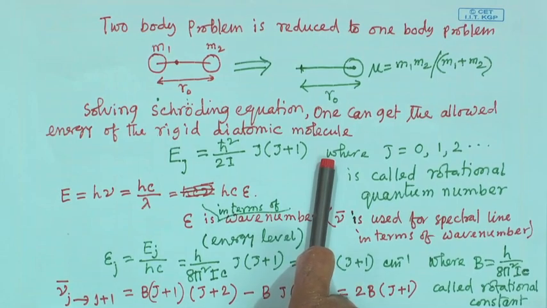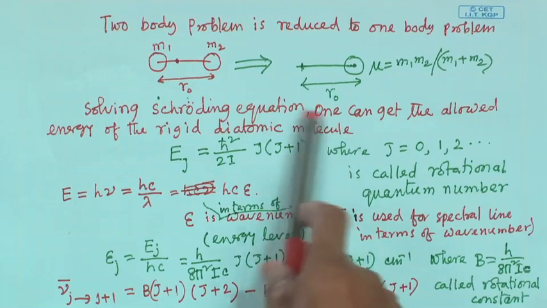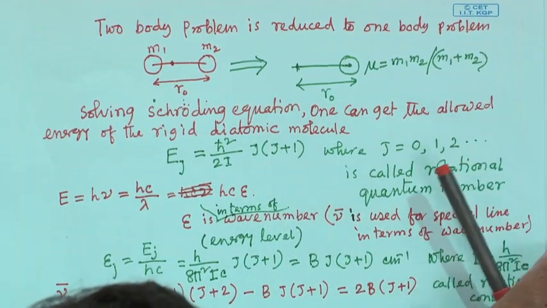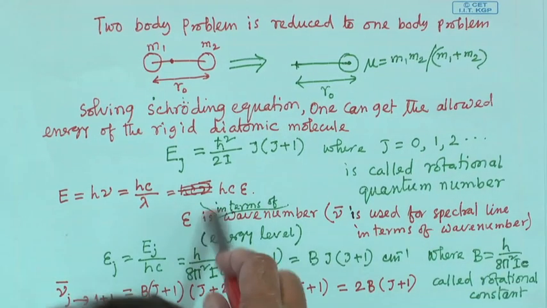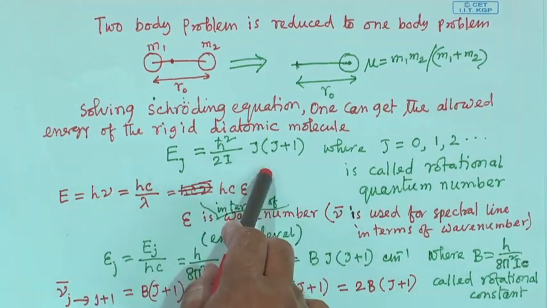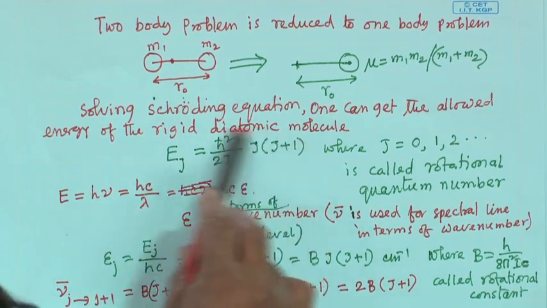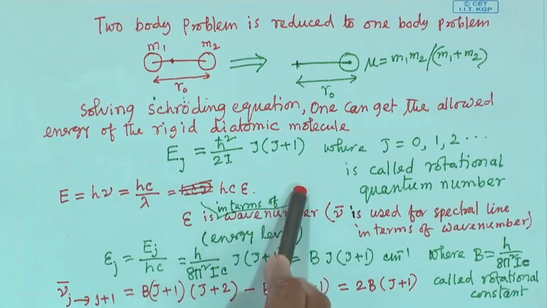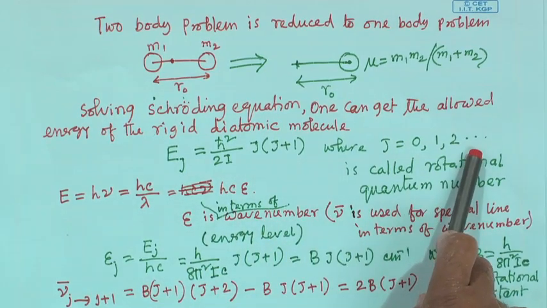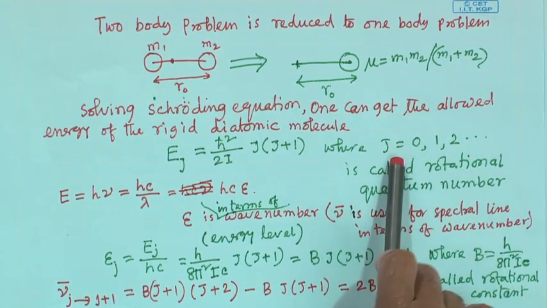It is similar to L(L plus 1), the angular momentum. You get this energy expression for the rigid rotator by solving the Schrodinger equation, where J is called the rotational quantum number. It is equivalent to L basically.